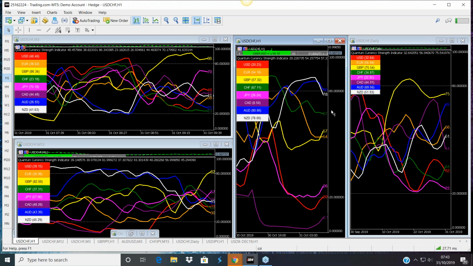You'll be able to see where you can find more information on these indicators and what they can do for you. The CSI and the matrix, or the CSI in particular, gives you a whole raft of information very, very quickly, and saves you the tedium of having to look at 28 pairs simultaneously, which is almost impossible.